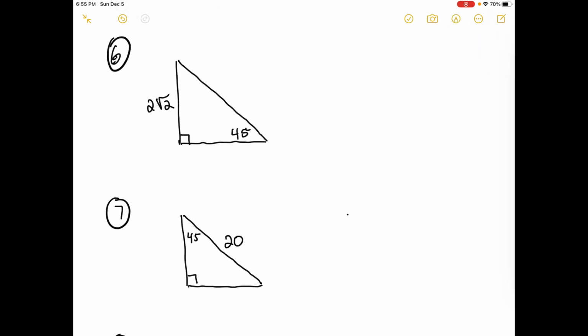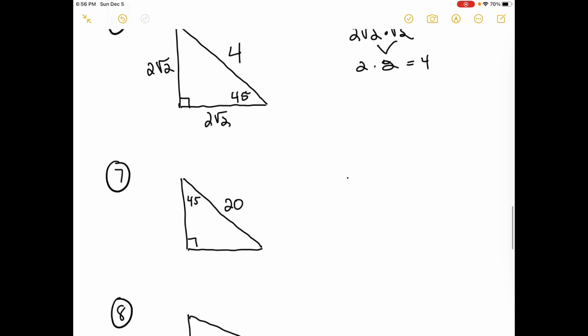Okay, 6 and 7 are 45, 45, 90s. Leg, leg, leg root 2. So we're getting legs of 2 root 2, 2 root 2, and the hypotenuse is leg times root 2. That's going to be 2 times 2, which is 4.